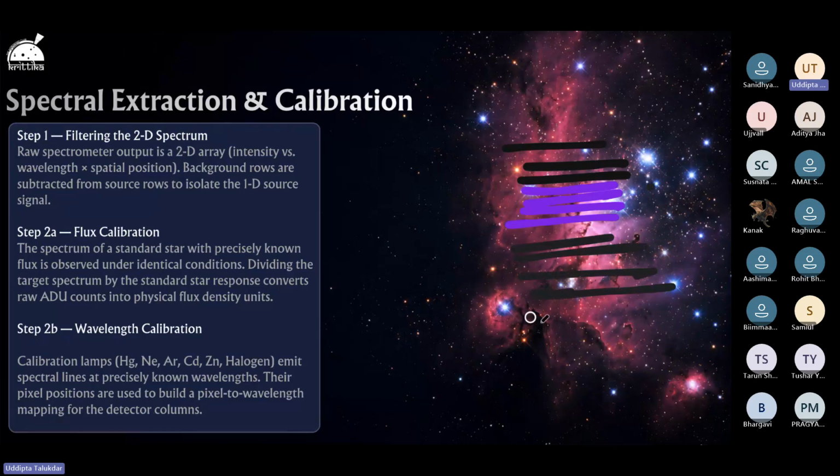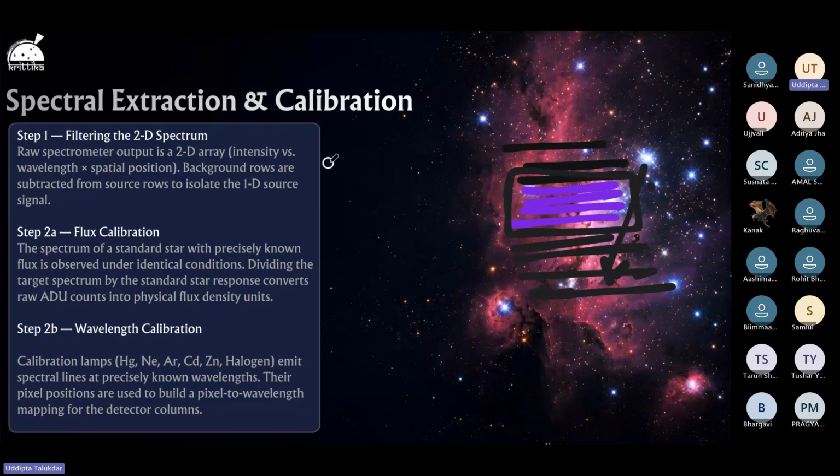So this is how it looks, and we subtract the light which comes from above the star and below the star, and we only keep this, and we collapse it into a 1D spectrum, that is the intensity at each wavelength.